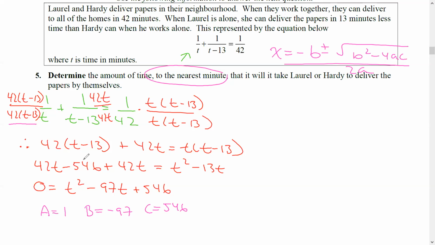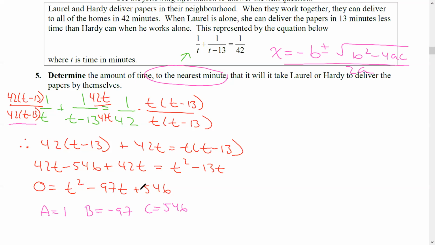Okay, so I'm just going to check my work there. So that should be negative 546 plus 42t is equal to t squared minus 13t. That's good. Okay, so I'm guessing I screwed up somewhere in my simplification here. So negative 13 minus 42 is negative 97t plus 546. I still don't see a mistake.